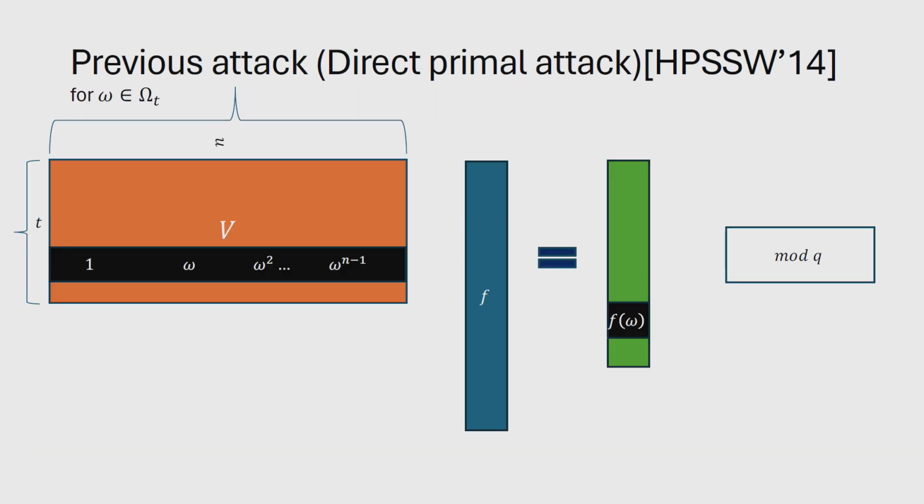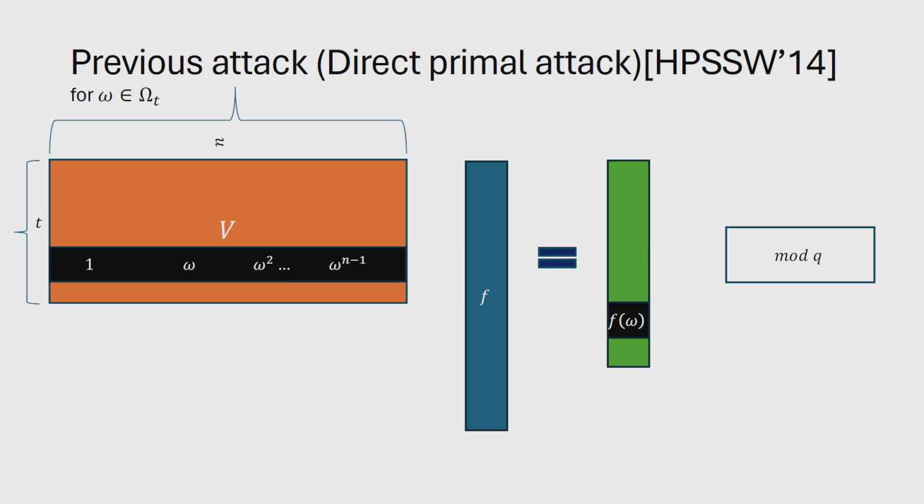How to connect this partial Vandermonde knapsack in terms of this inhomogeneous SIS problem? Well, we can view a matrix which is Vandermonde in nature, whose ith row is given by the evaluation of little omega, for little omega belonging to the set capital Omega_t.